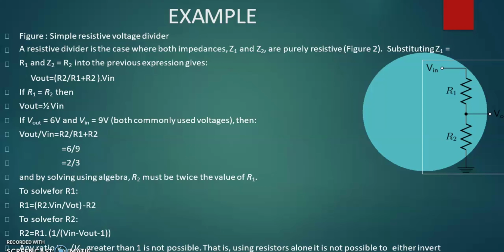And if you solve this for R2, our value for R2 becomes R1 into 1 upon Vin upon Vout minus 1. So as you can see, the ratio Vout upon Vin is not greater than 1. That is, using the resistance alone, it is not possible to invert this R1 upon R2.